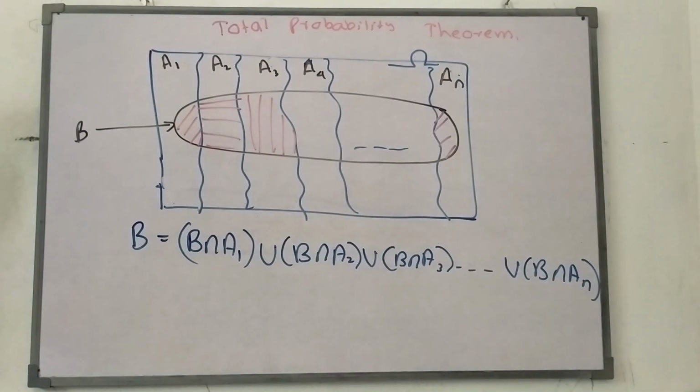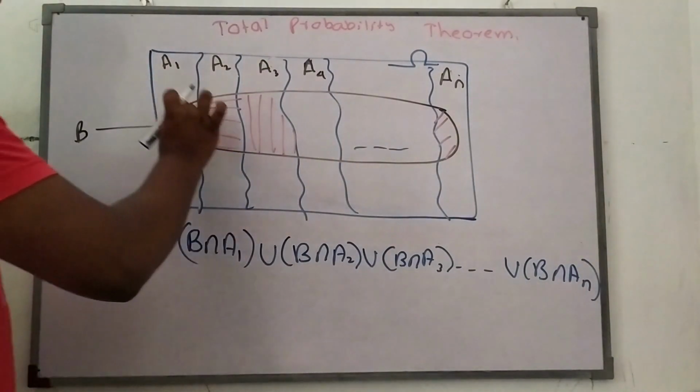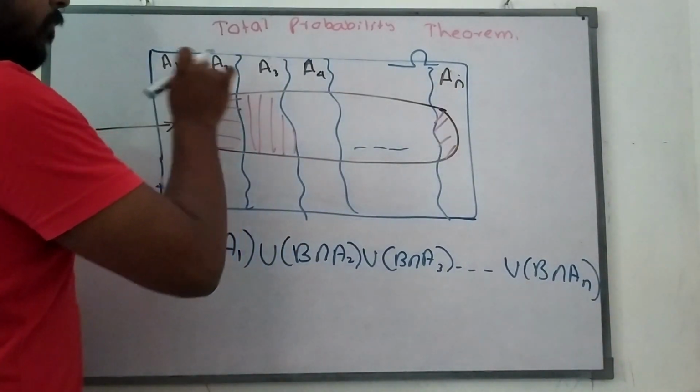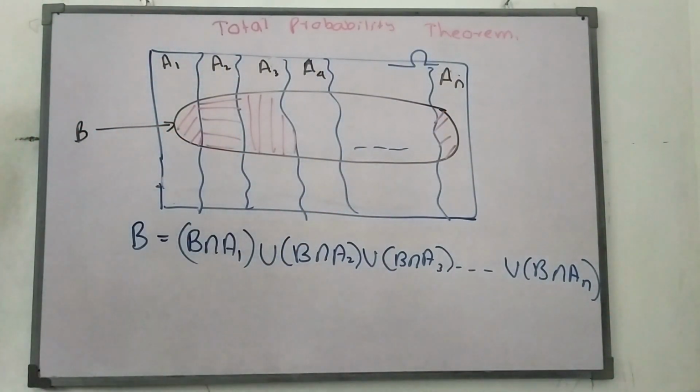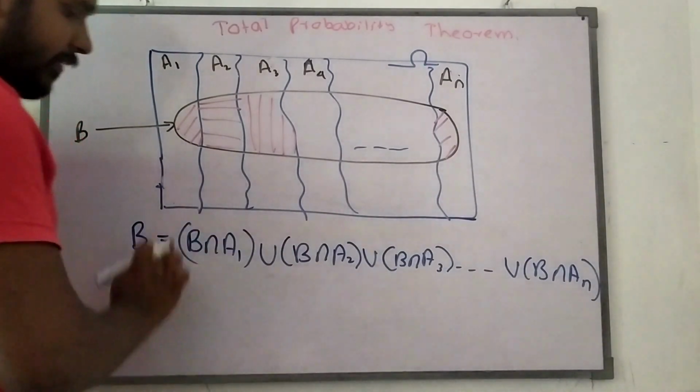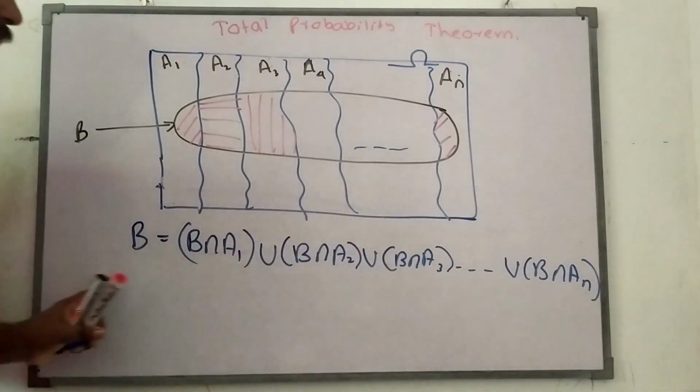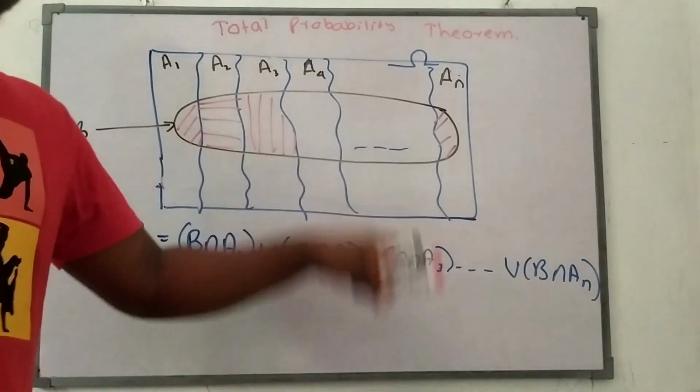This is the B event. B is coming from small partitions from A1 to AN. So these all are mutually exclusive and exhaustive.